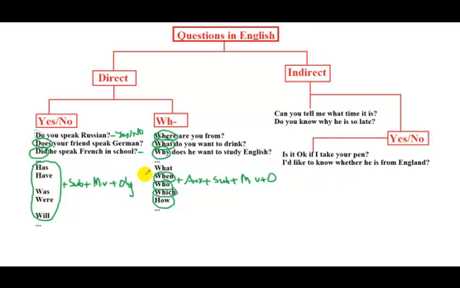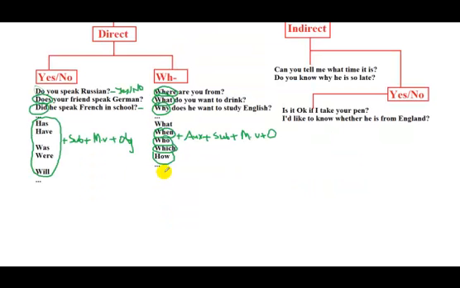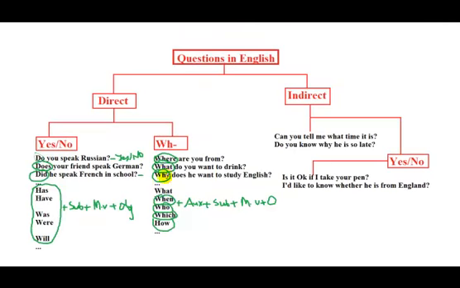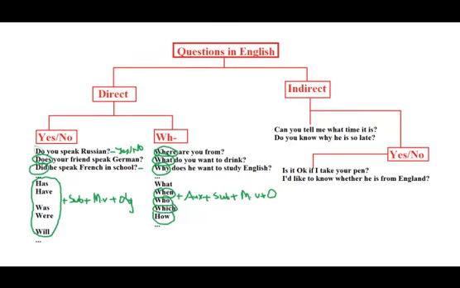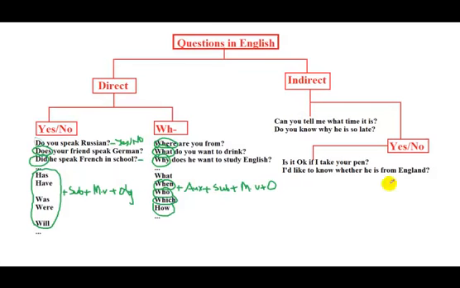And then you say, why did you learn Russian? And then you say, when did you study Russian? So to get additional information, when you want to know more, we use WH questions. So these are very connected.